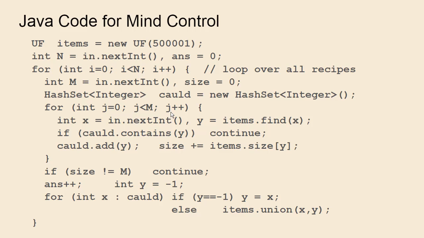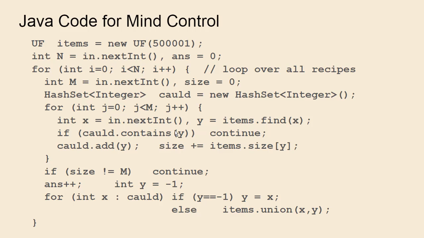Then we read in each item. For each item, we read it and store it in X, and then we find the group ID of that item, Y. If this hash set already contains Y, then we don't need to do anything, because we are trying to count the total number of items in all the quadrants we have found.